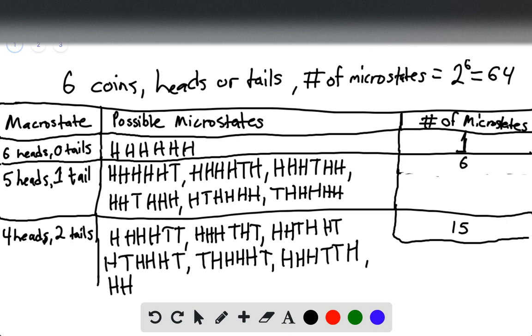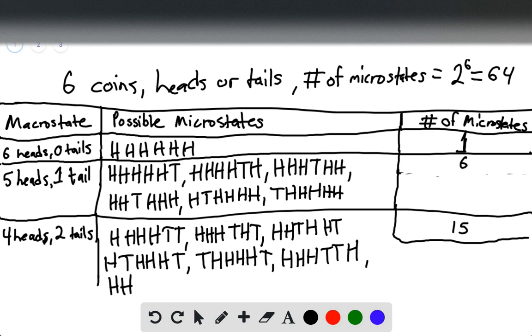Unfortunately, to create the table, you simply have to go through all of the possible combinations of heads and tails that you can possibly get, and then count them all up, add them all up, and make sure that they add up to 64. Because again, we're getting 2 to the 6 microstates, 64 microstates.